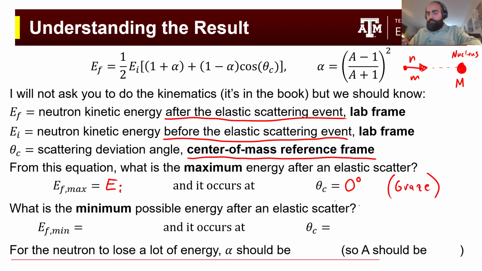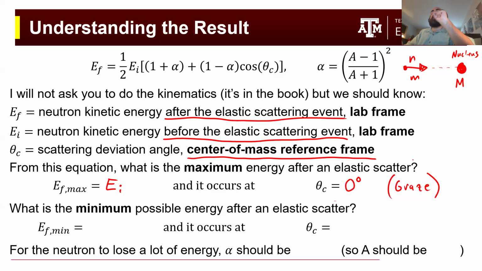Now, the other thing that we could ask is what way can the neutron collide where it's going to lose the most of its energy, or the maximum amount of energy? And if coming in and then basically not changing my direction was how I kept all of my energy, well, then it kind of stands to reason that the more that my angle deviates, the more energy I am going to lose.